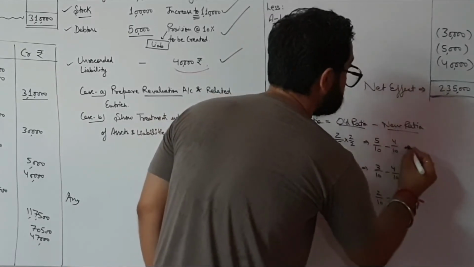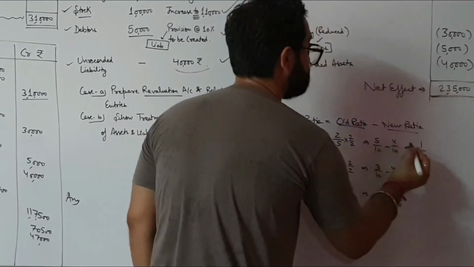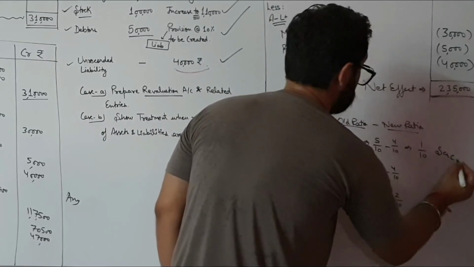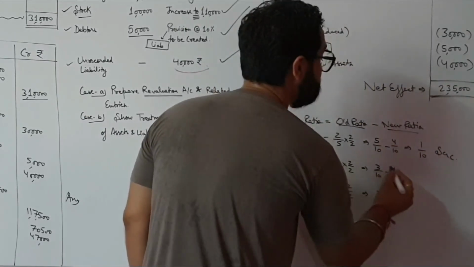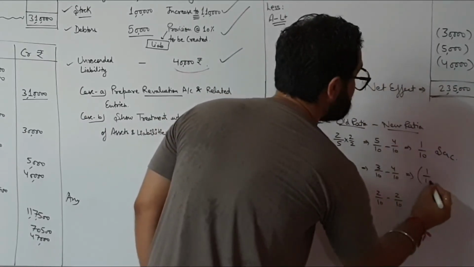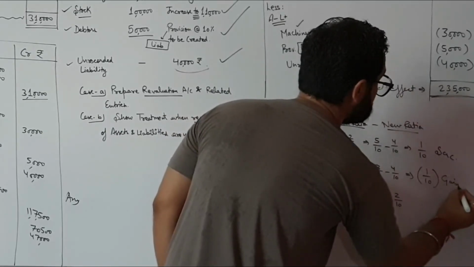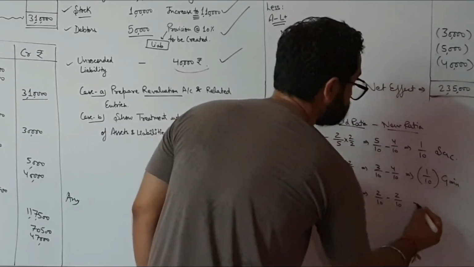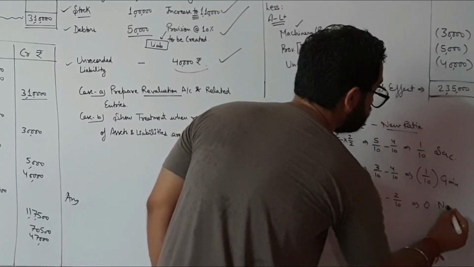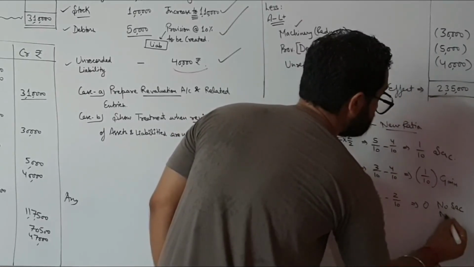So 5 minus 4 is 1/10, therefore A is sacrificing. 3 minus 4 is minus 1/10, meaning M is gaining. And 2 minus 2 is 0, therefore no sacrifice and no gain.